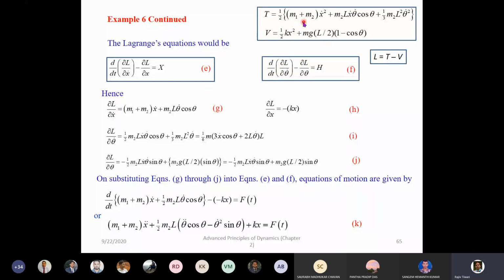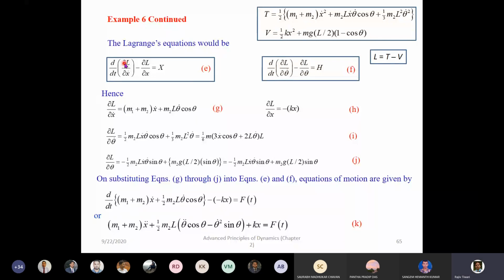If we differentiate this with respect to x dot, you can see that the first term will give this, the second term has x dot so that will give this, and the third term has no x dot so this will be 0. In potential energy anyway there is no x dot, so this will not contribute anything. So the derivative of L with respect to x dot is this simple derivative.